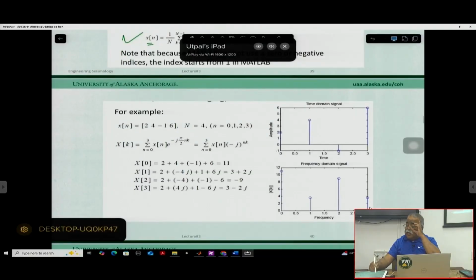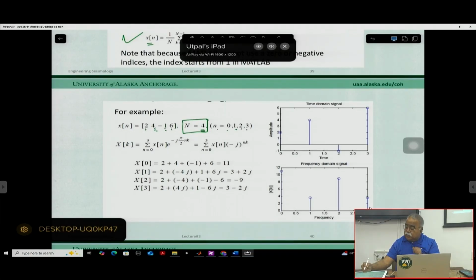So if you say xn equals 2, 4, minus 1 and 6, and capital N is 4 because we have 1, 2, 3 and 4 samples. So at n equals 0, x value is 2, at n equals 1, x value is 4, at 2 this is equal to minus 1, at 3 this is equal to 6, right?